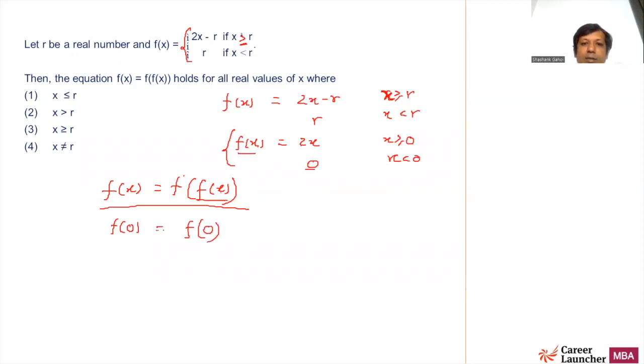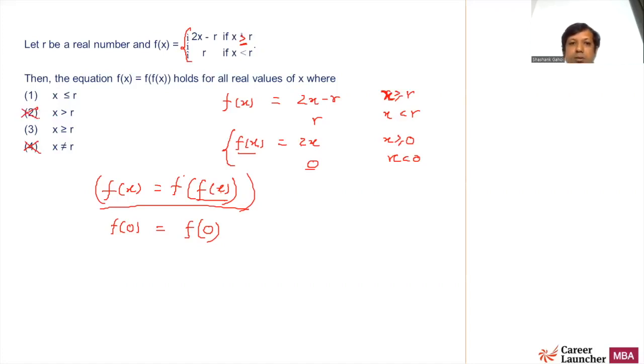So at x equal to 0, f x equal to r, this statement holds true. X equal to r. So basically, this option is eliminated.